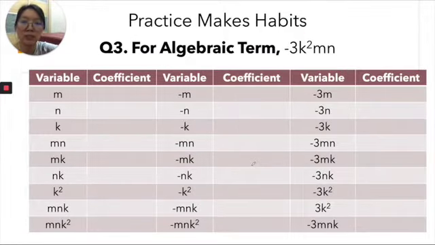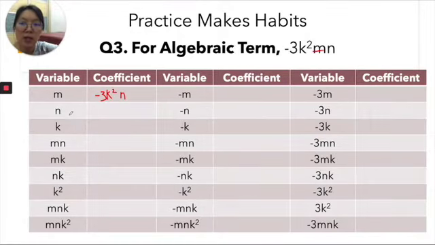Let's do one example together. I have one algebraic term here, negative 3k squared mn. If I take out my variable m, I cancel off m here. So what is left is my coefficient: negative 3k squared n.